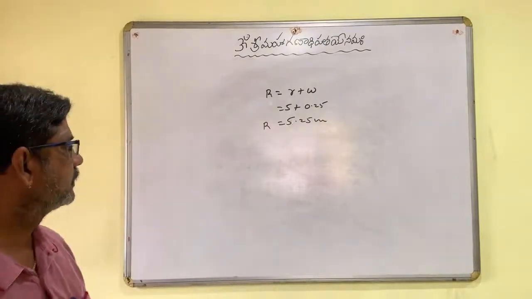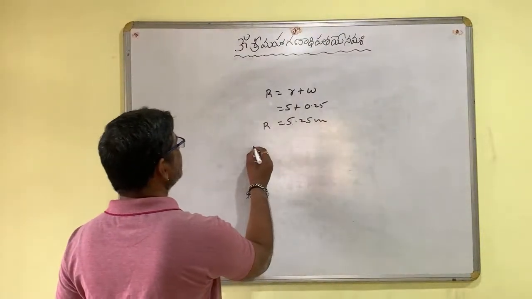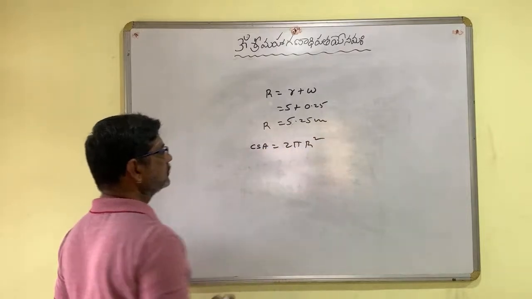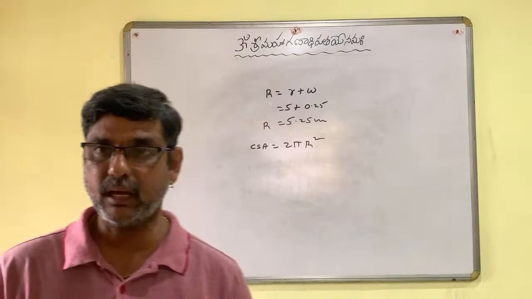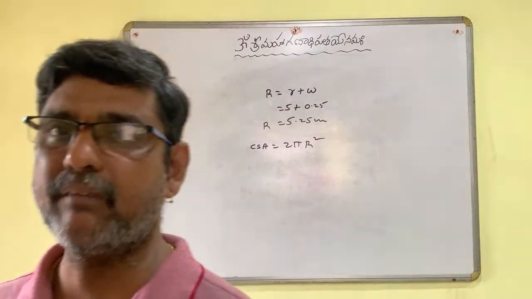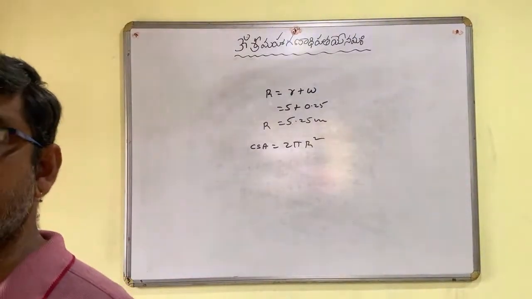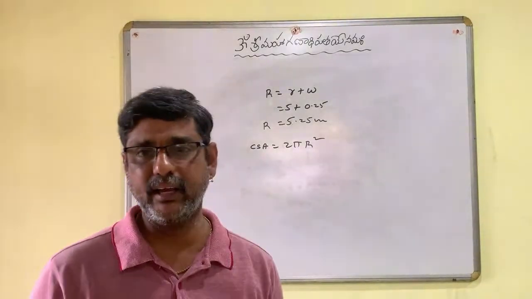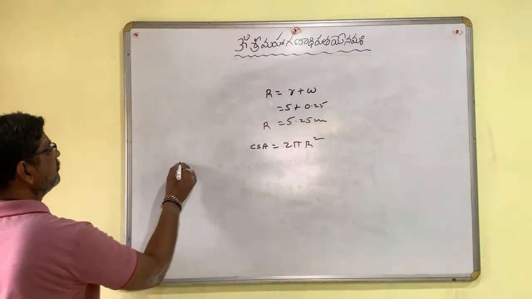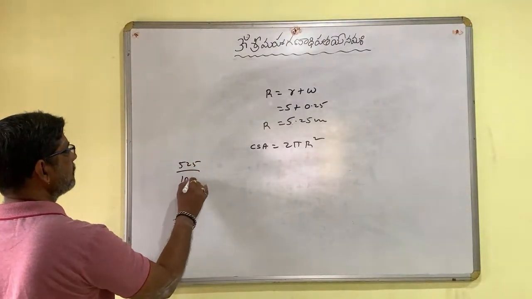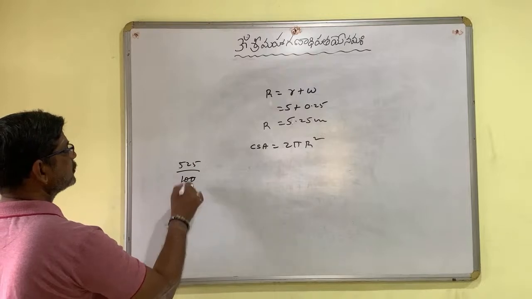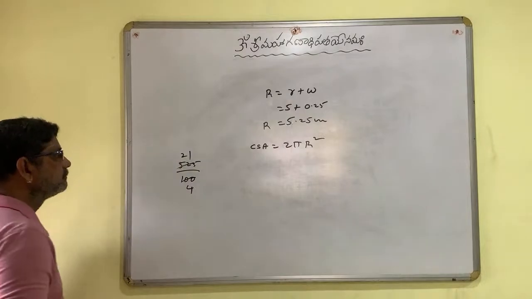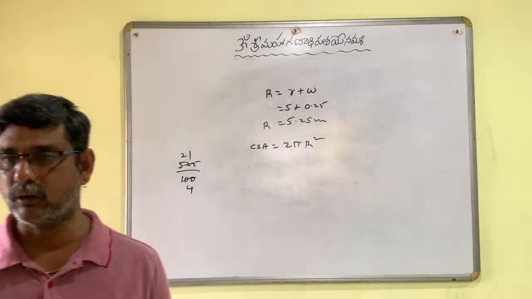Okay? Now the outer curved surface area is 2 pi capital R square, because the ball is in the shape of a hemisphere. So 5.25 as a fraction, can anyone say? 525 by 100, 25 fours, 25 twos, 25 ones, 21 by 4.